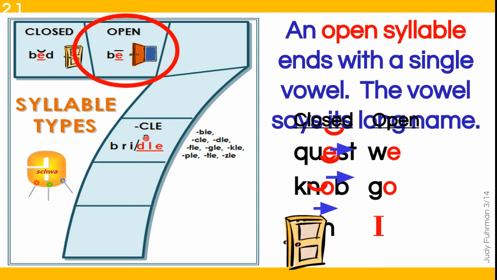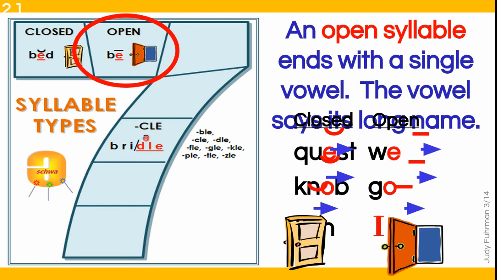And then you have the short I sound, and then I would be the long I, and then go, it's a long one. So those would be open. The ones on the left are the closed syllable because they have the short vowel sound. And as you can see on the other side here, the we, go, and the I are the open syllables that have the long vowel sound.